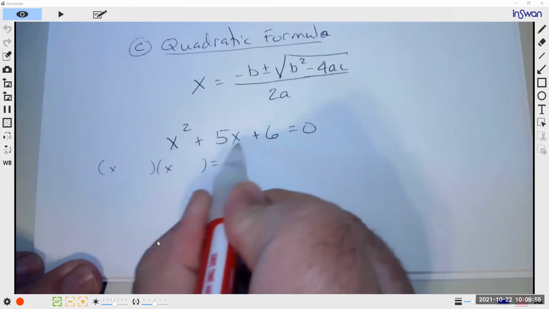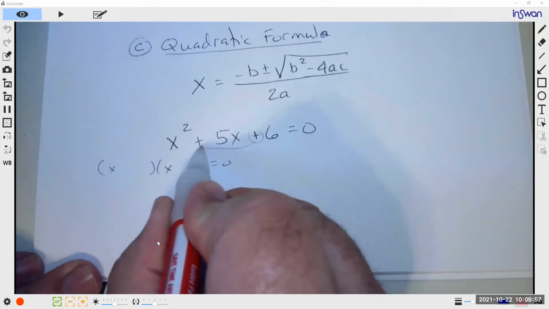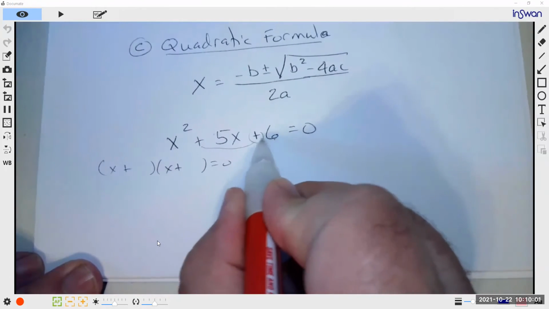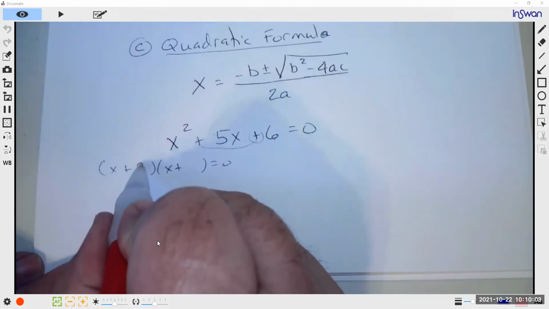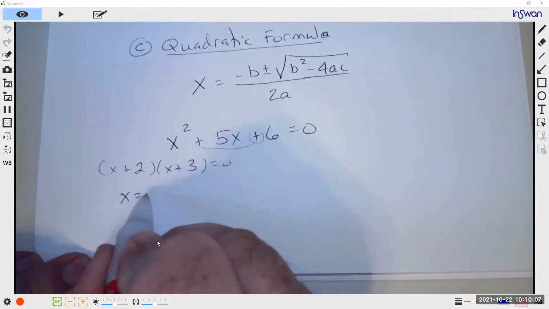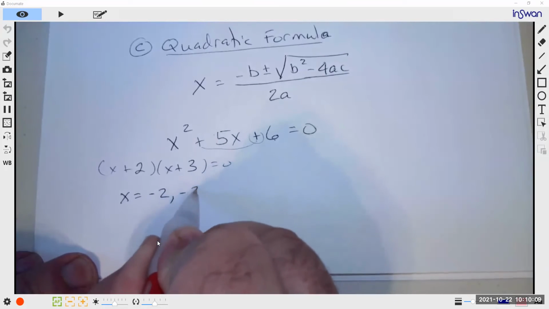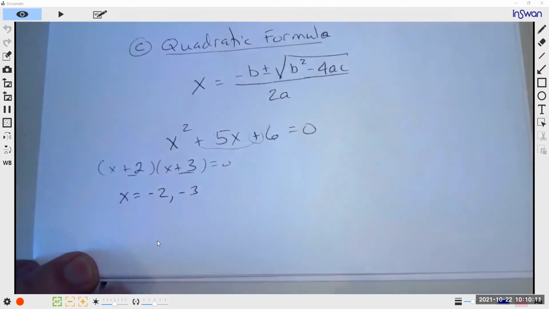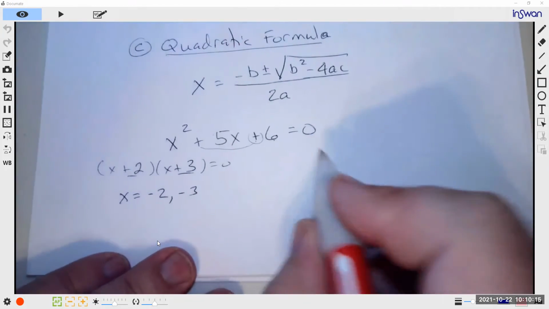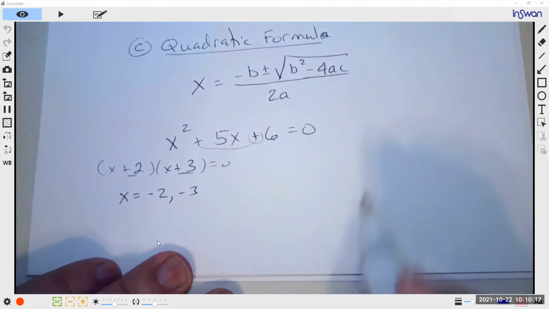The signs are the same, they're both pluses. What times what is 6? When you add them, you get 5: 2 and 3. So we know the answers have to be -2, -3, the opposite signs. But let's go ahead and use the quadratic formula.